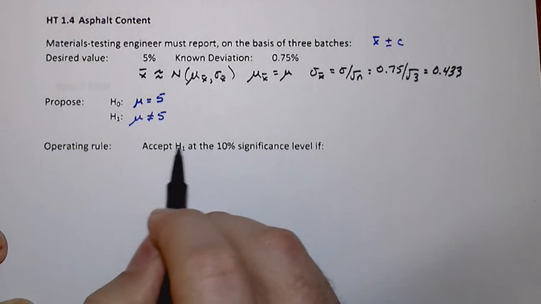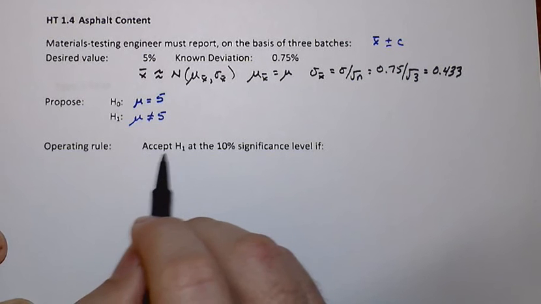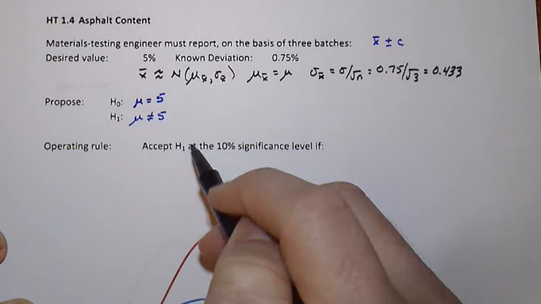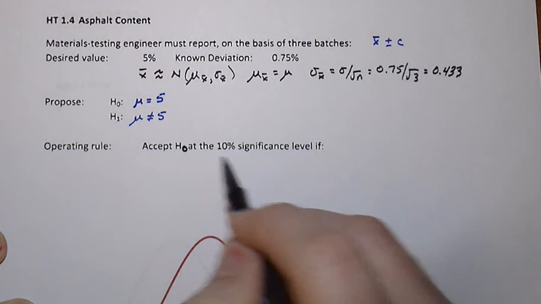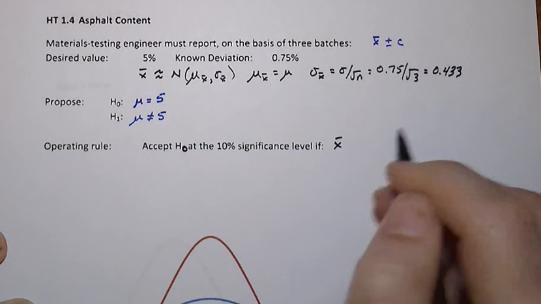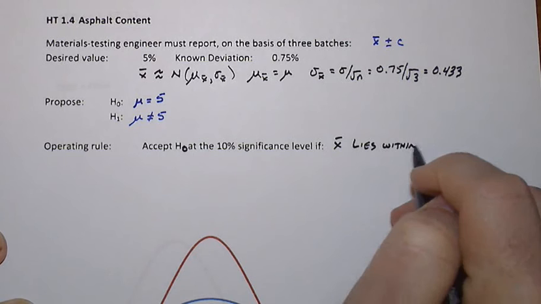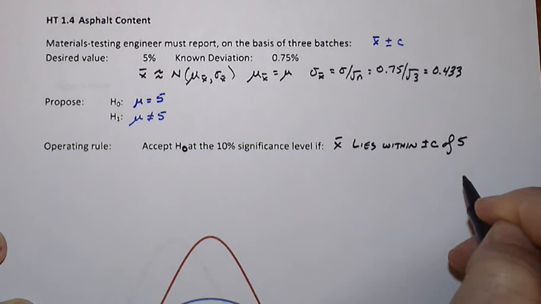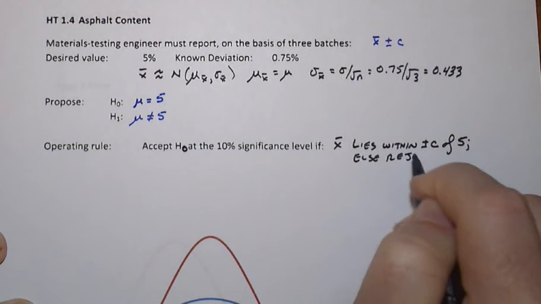And so one way that we might form a decision based upon an operating rule is that we're going to accept the null hypothesis at the 10% significance level if our sample mean lies within plus or minus c of 5. Else we're going to reject.